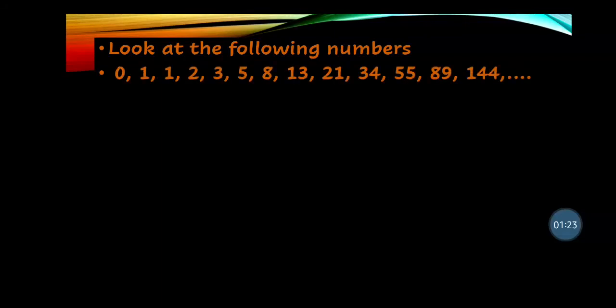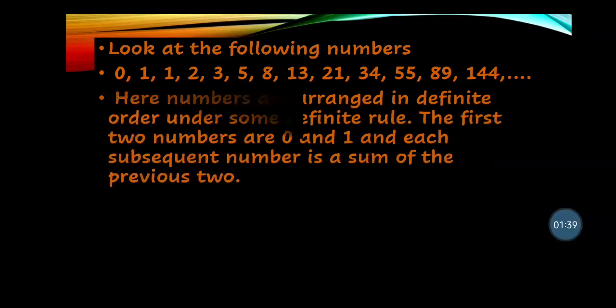Look at the following numbers: 0, 1, 1, 2, 3, 5, 8, 13, 21, 34, 55, 89, 144, and so on. Here, numbers are arranged in definite order under some definite rule.